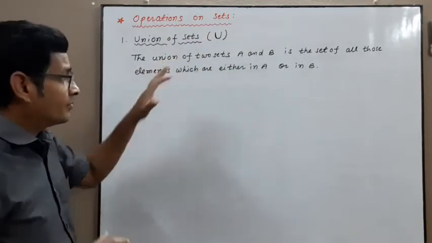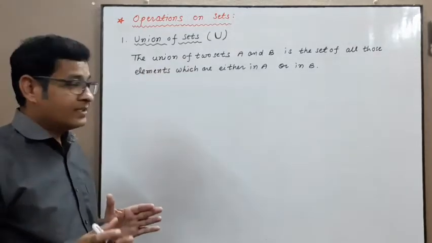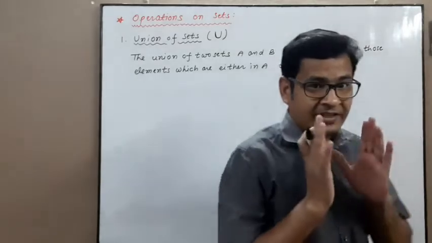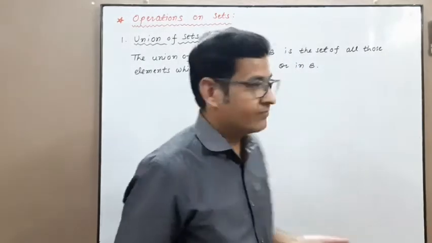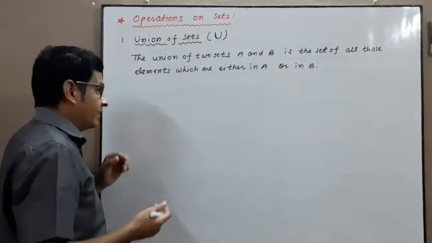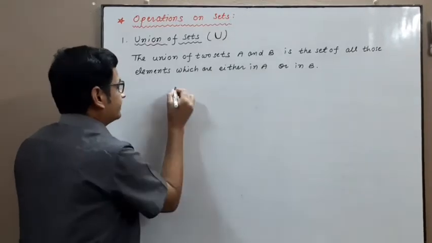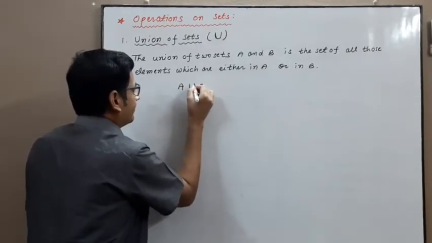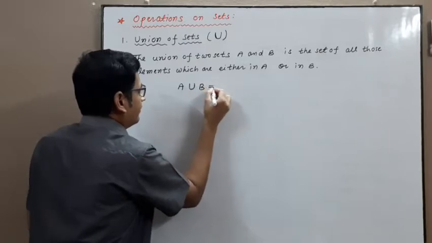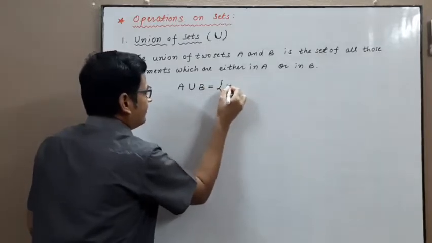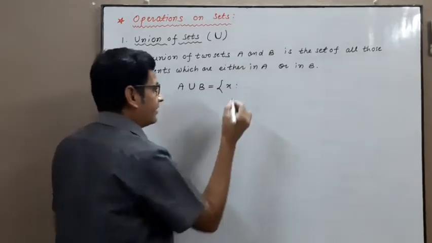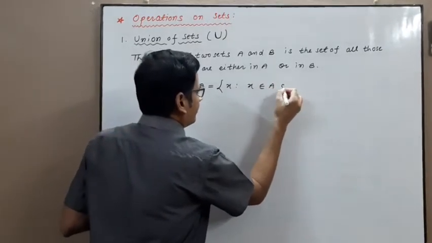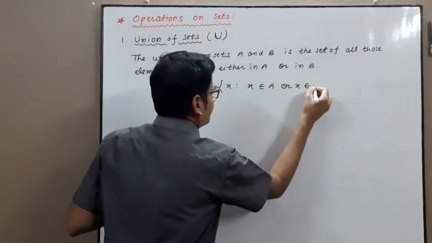The union of two sets A and B is a set of all those elements which are either in A or in B. Mathematically we write A union B is a set of elements x such that either x belongs to A or x belongs to B.